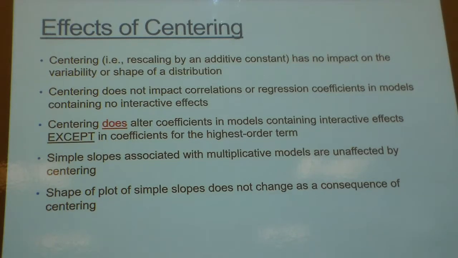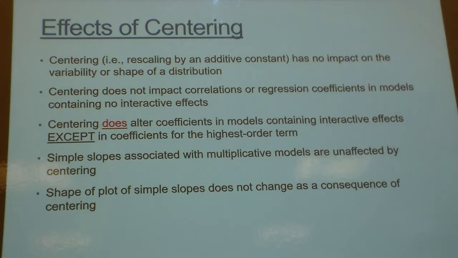Centering will change the coefficients you see in models that have interaction terms in them, except for the highest order term. So I have a regression model that has x1, x2, x3, and then I've got 2 interaction terms.